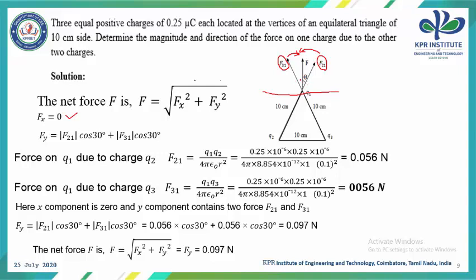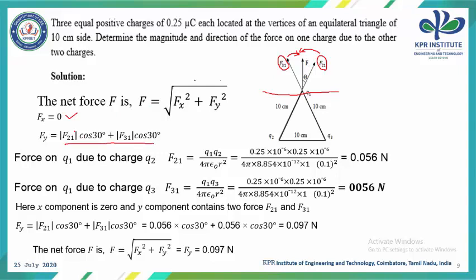The entire angle is 60 degrees, and we are taking half of it. Therefore theta is equal to 30 degrees here, and here is also 30 degrees. Now F is equal to F21 cos 30 degrees plus F31 cos 30 degrees. So this is the expression.